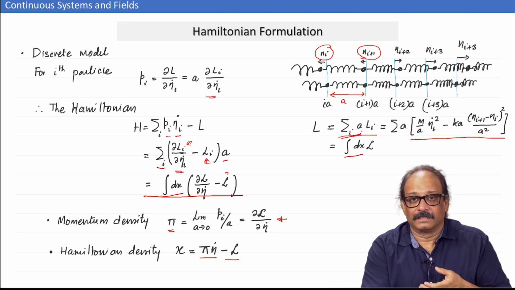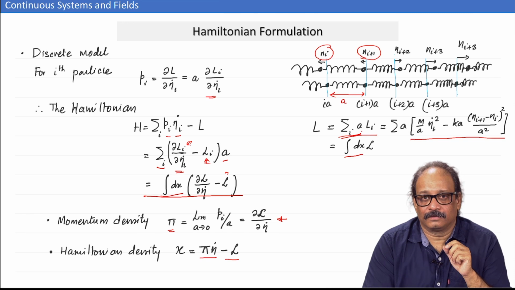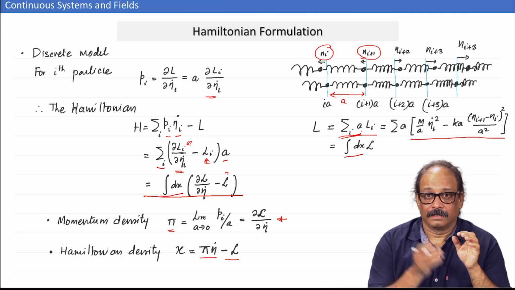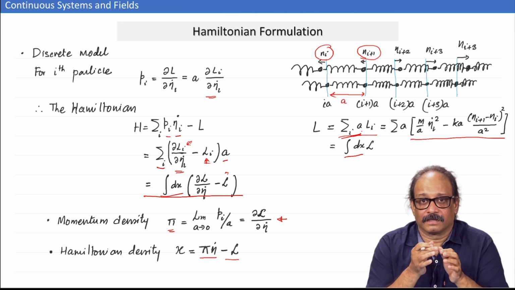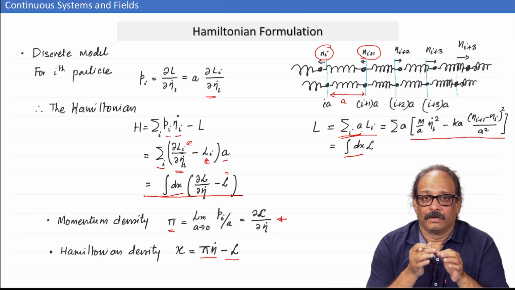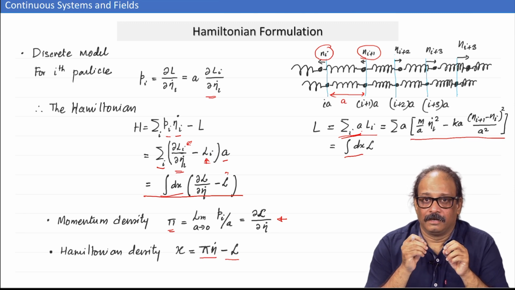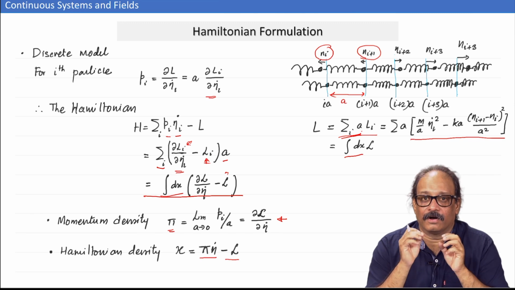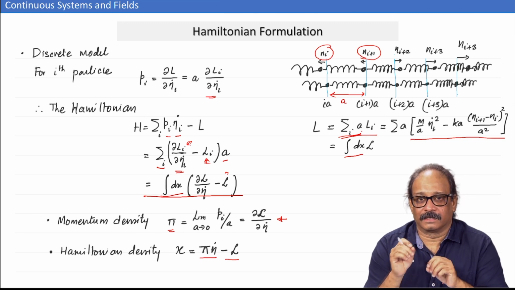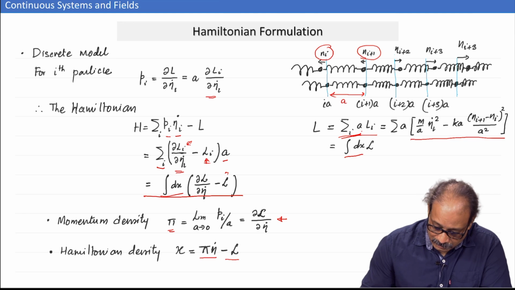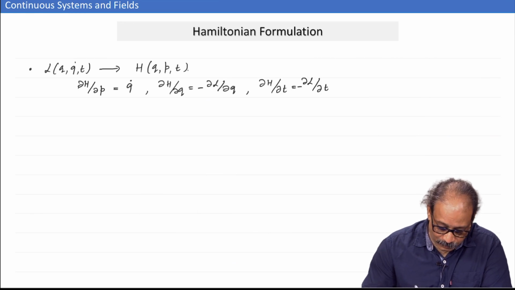So, in the same way for the Hamiltonian case also, I would like to see if I can get the set of equations of motion which look almost like or exactly like the discrete systems. Fine. Let us try and see if we can do that.